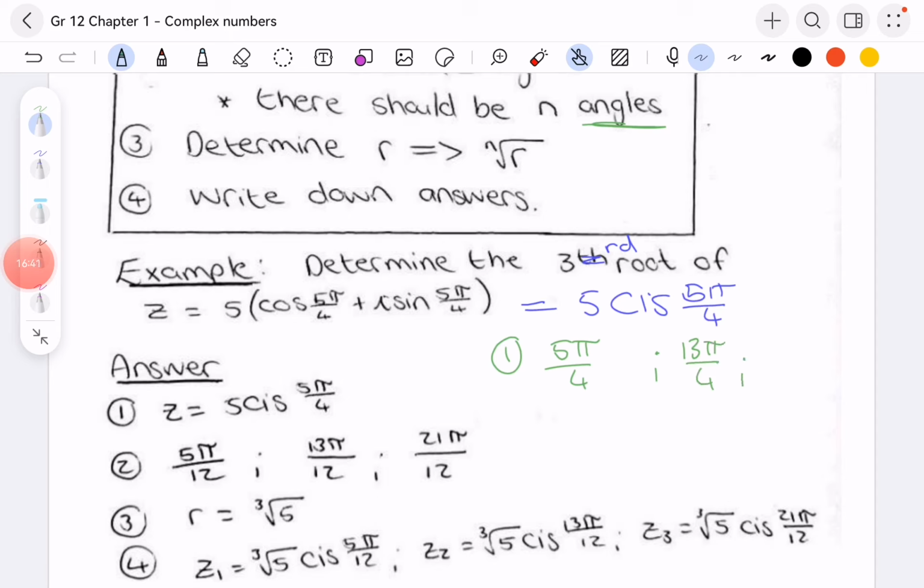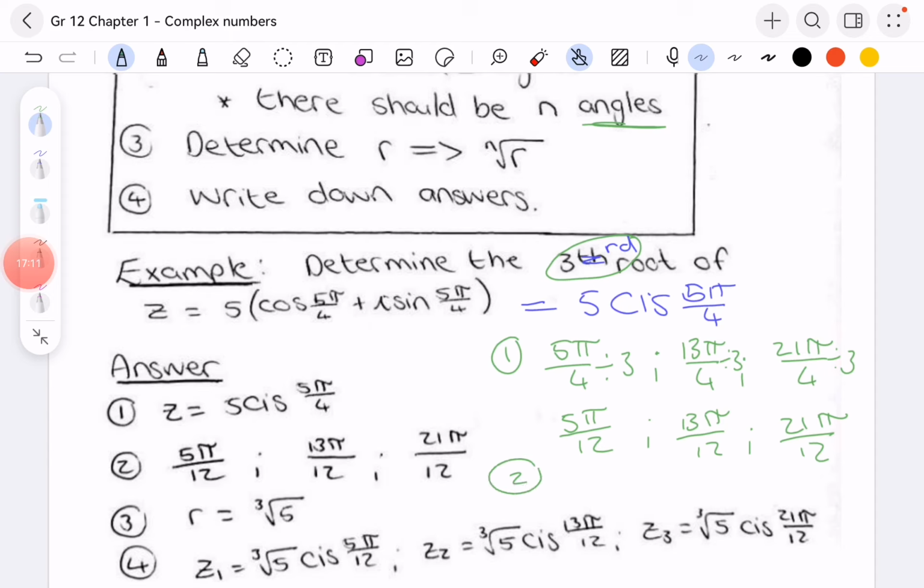And then I'm going to add 2 pi again, I get 21 pi over 4. I also have to divide each of these angles by 3. Why 3? They ask for the third root. So my angles are actually 5 pi over 12, 13 pi over 12 and 21 pi over 12. So I have my three angles.